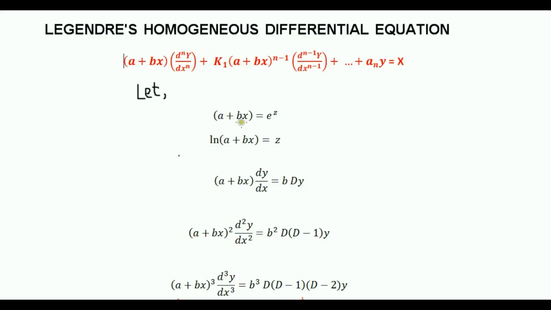is equal to a plus bx, and by taking ln on both sides, we get the value of z, which is z equals ln(a plus bx).